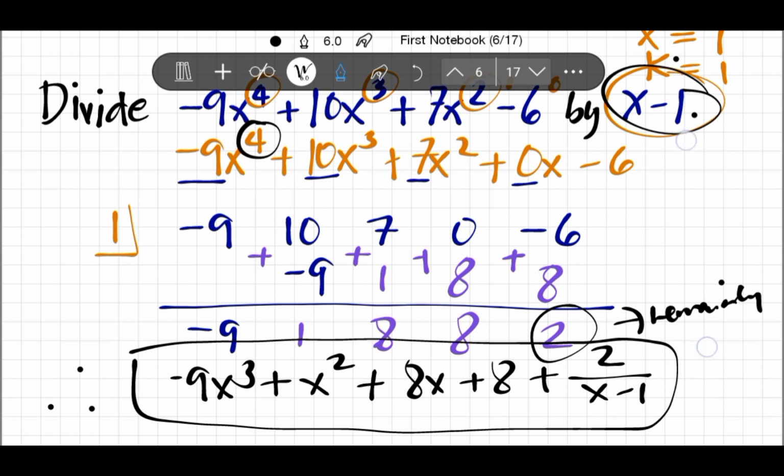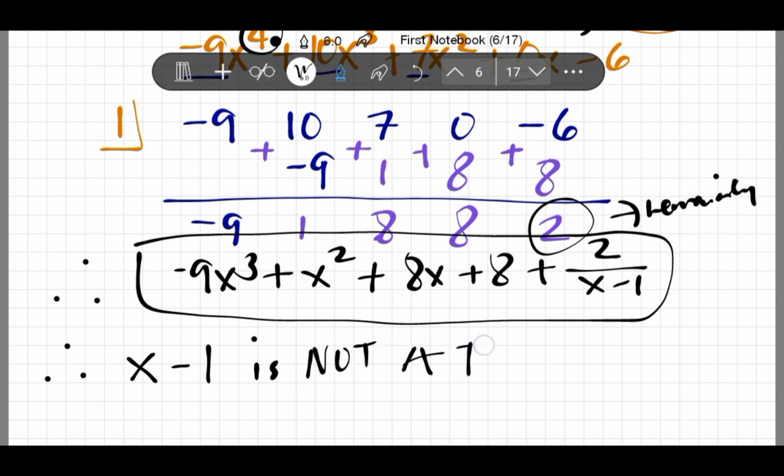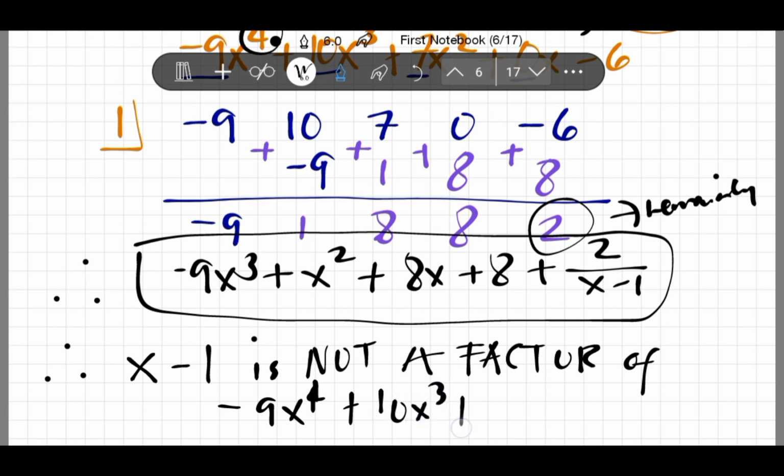And since there is a remainder of 2, therefore, we can conclude that x minus 1 is not a factor of the given dividend, which is negative 9x to the fourth plus 10x cubed plus 7x squared minus 6.